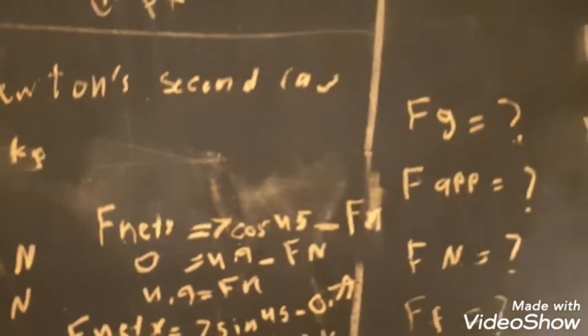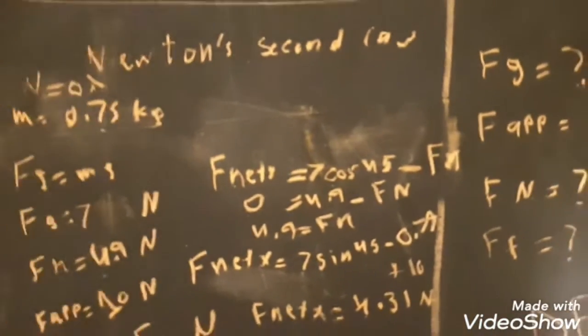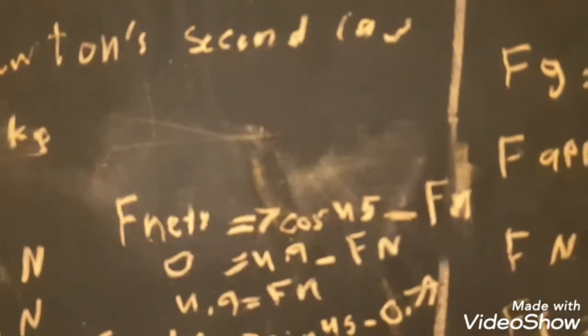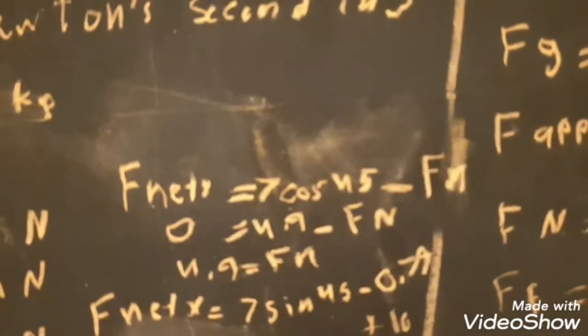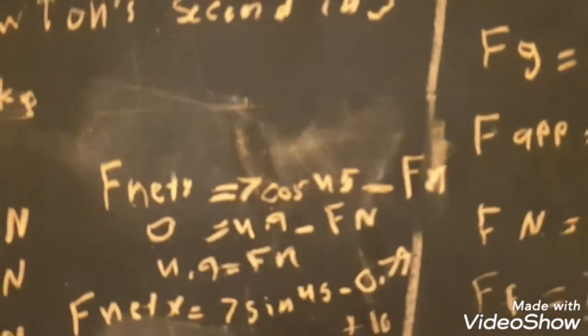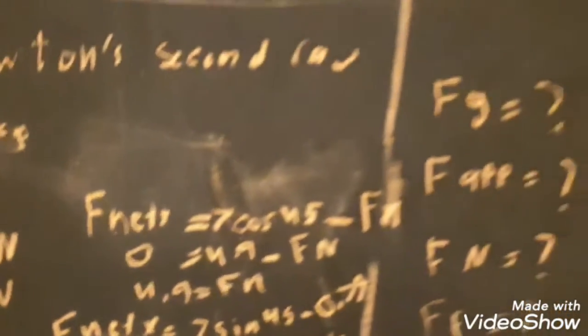We'll try to find the normal force to find the friction, so we can do the F net x. First, we find the force of gravity in the y direction, and we get the normal force, because F net y is equal to 0, since there's no acceleration, it's not moving up or down. So we get the normal force equal to 4.9 newtons.